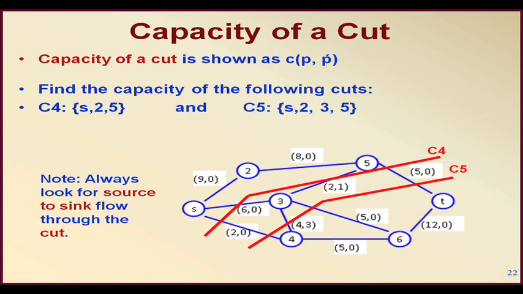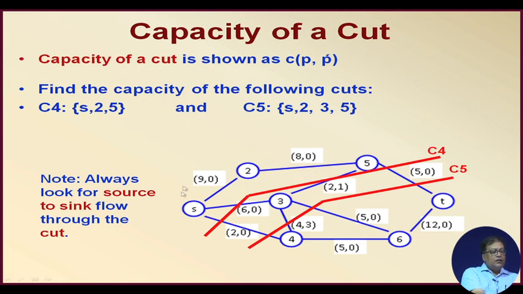So, if you look at the source to sink flow through the cut, what is the capacity of C5? Look at 3 and 4: the 3 to 4 capacity is 4, but 4 to 3 capacity is 3. Similarly, 3 to 5 is 2, but 5 to 3 is 1. So, what is the capacity of C5?